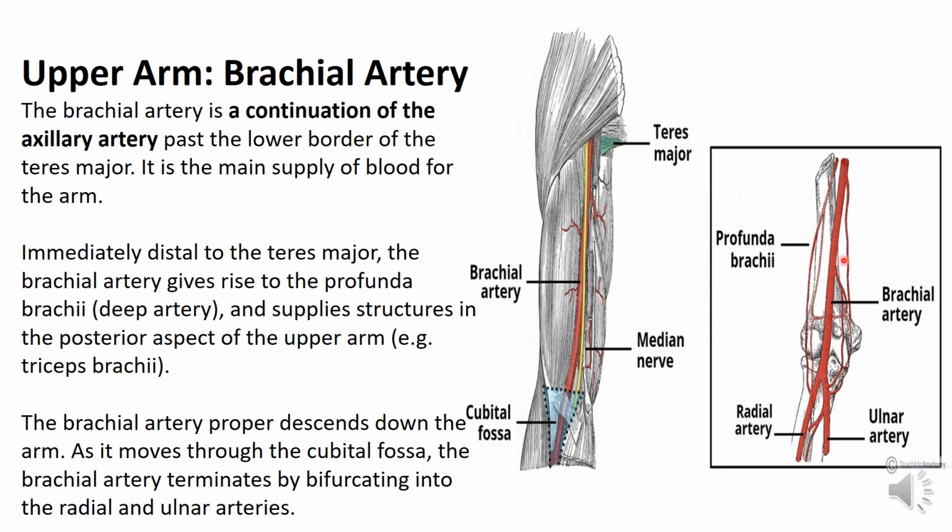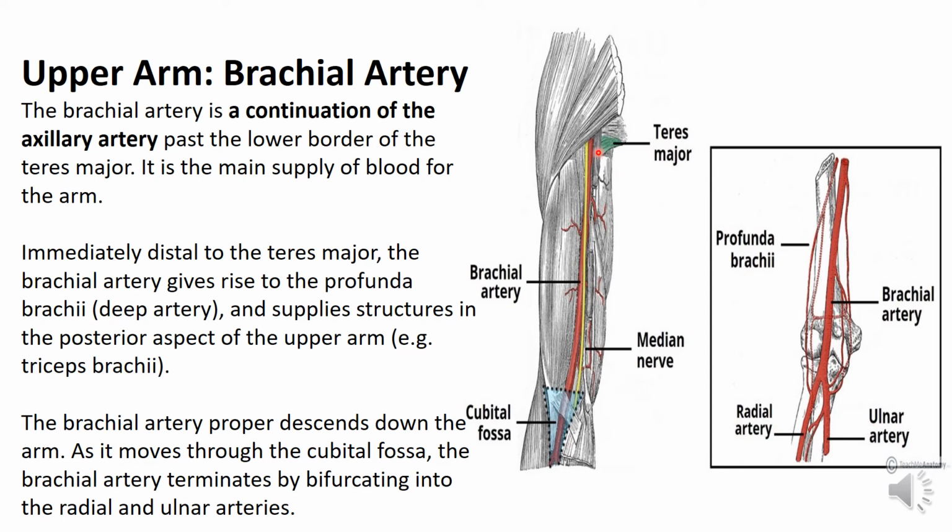Then this brachial artery continues till the cubital fossa. In the cubital fossa, see the picture. In the cubital fossa, it bifurcates into two branches, radial artery and ulnar artery. In the cubital fossa, brachial artery terminates into radial and ulnar artery.